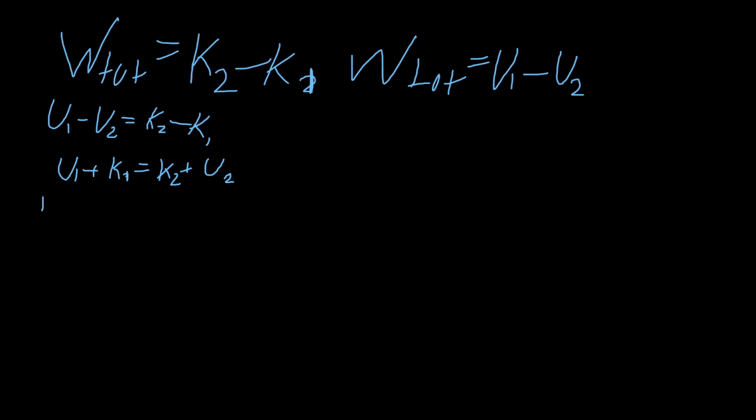We can also break them into their variables here. We know that mgy1 plus 1 over 2 mass times initial velocity squared equals 1 over 2 mass times final velocity squared plus mg times final position.